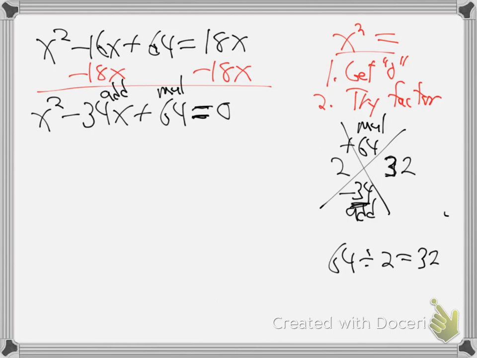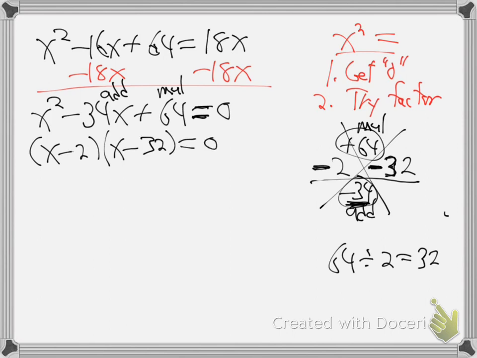How can they add to be negative 34? Oh, both minus. Minus 2 and minus 32 add to be negative 34, and two negatives multiply to be positive. That's it. So x minus 2, x minus 32, then each one equals 0, right? When two things are multiplying to be 0, each one is 0. Move it over.